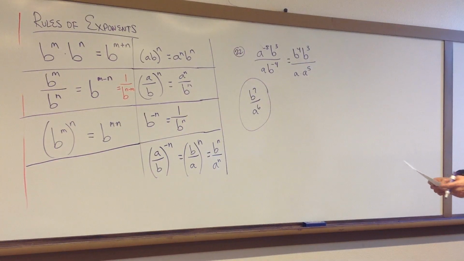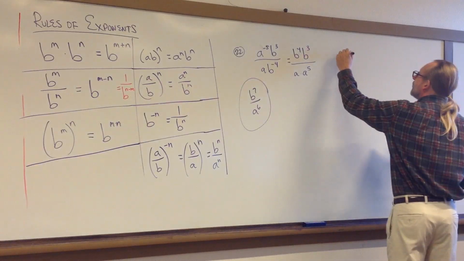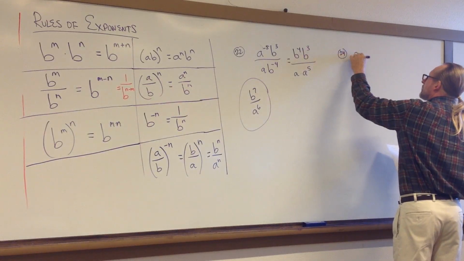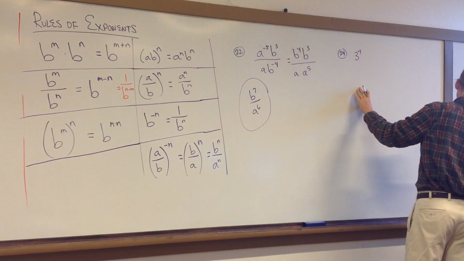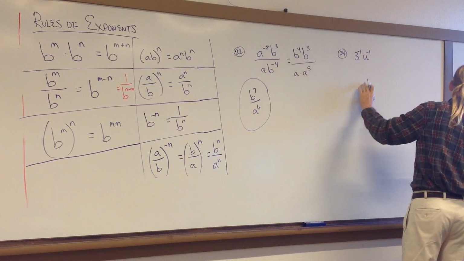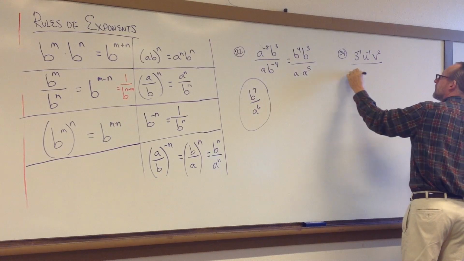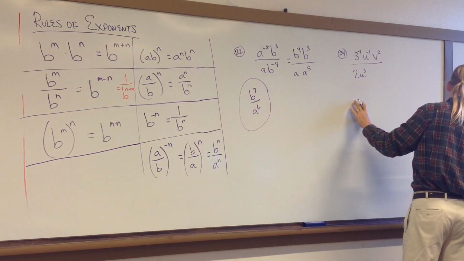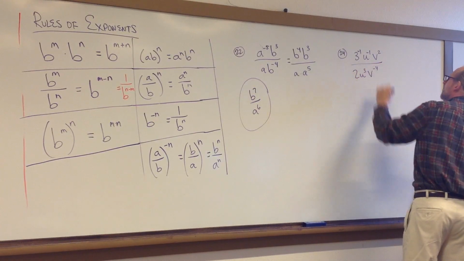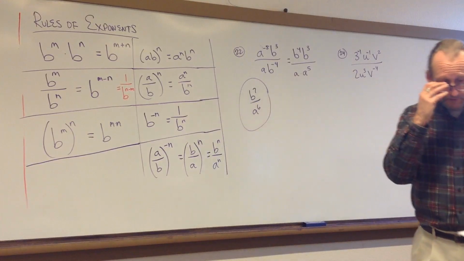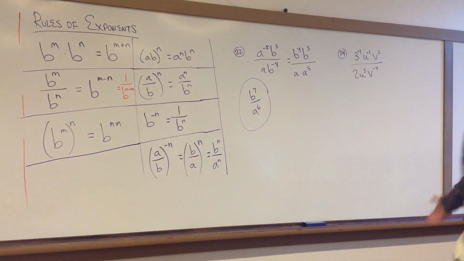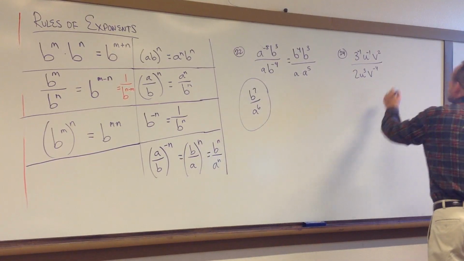All right, let's see. Problem 24. 3 to the minus 1, u to the minus 1, v squared, 2, u to the third, v to the minus 4. So the first thing I'm going to do is move all the negative exponents, right?